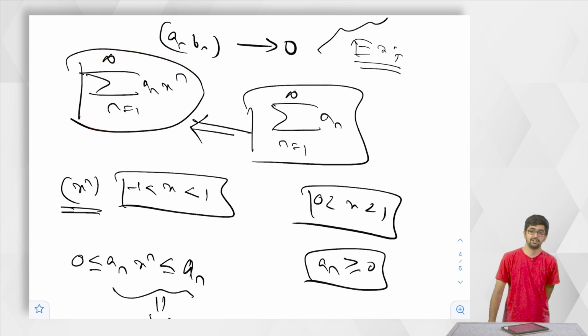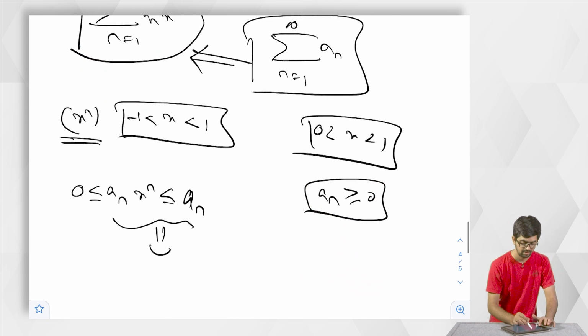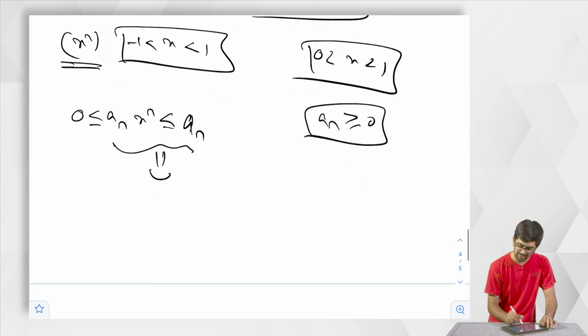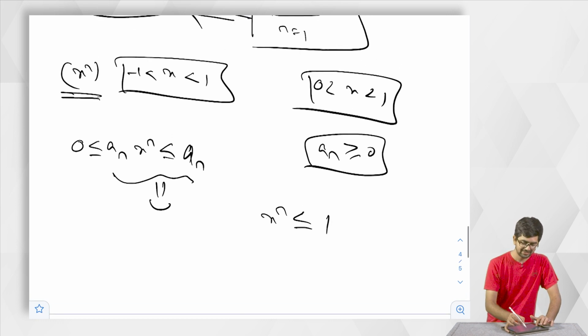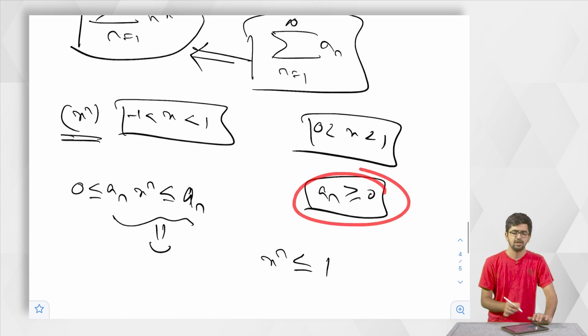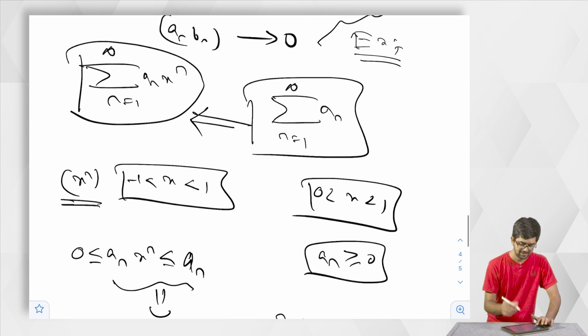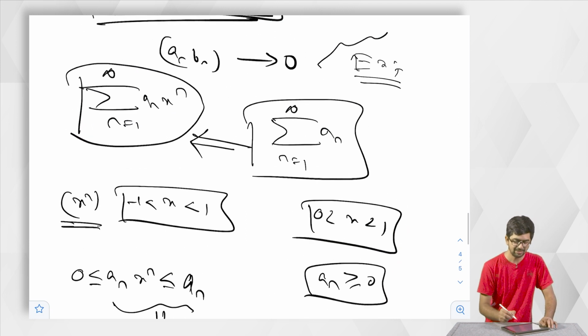Now one can get rid of the non-negativity by asking that summation an is absolutely convergent. So again the same thing, x is positive, so x power n is less than or equal to 1. Then we are not asking that an is non-negative. What I am doing is changing the starting point.